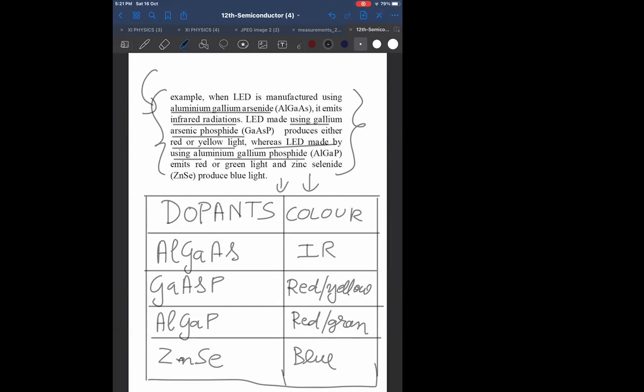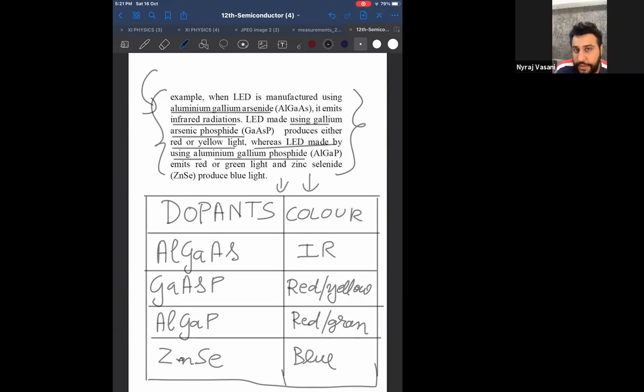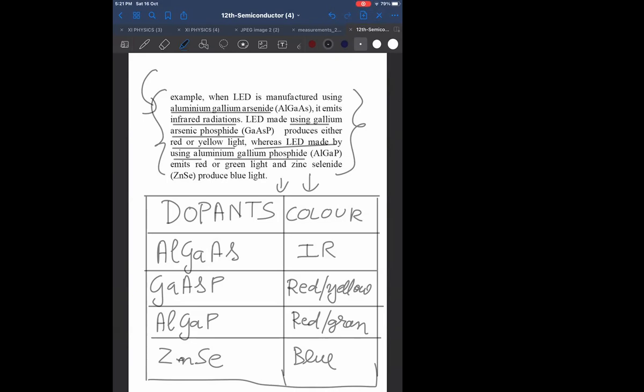Sir, IR stands for? Infrared, whitish color. Okay, sir.